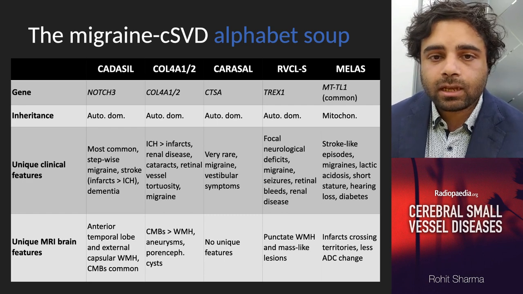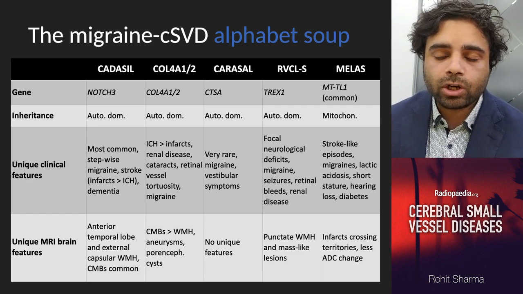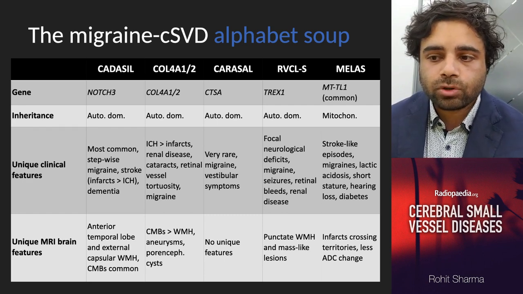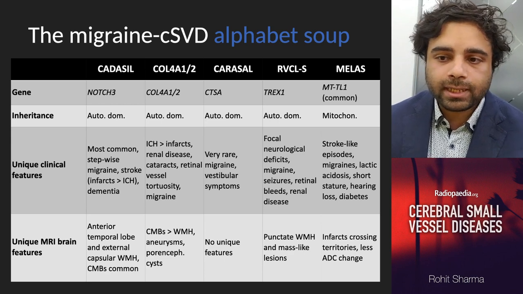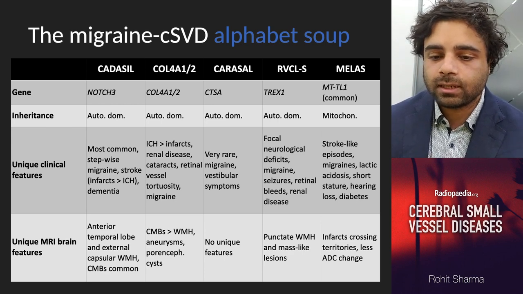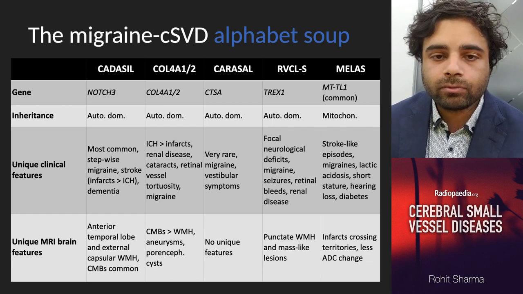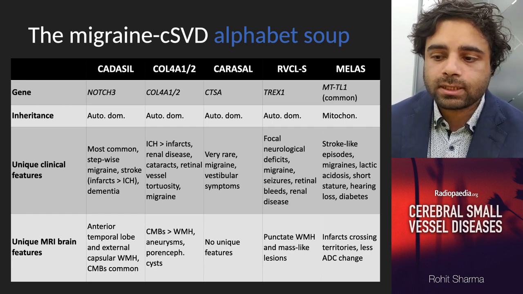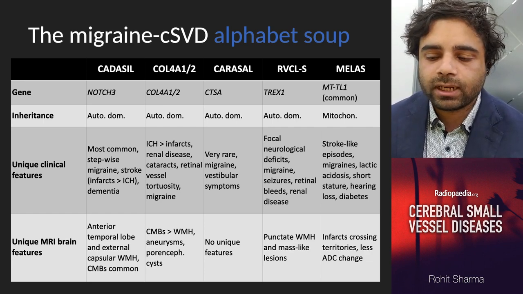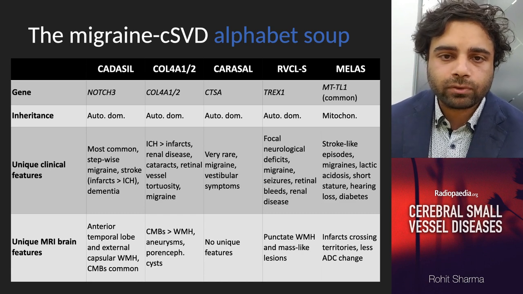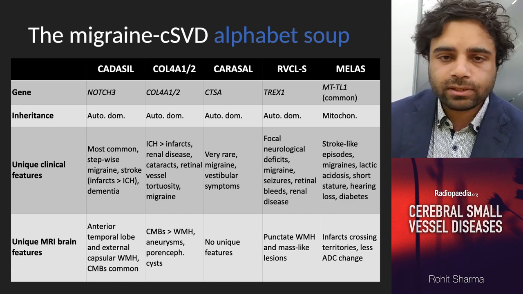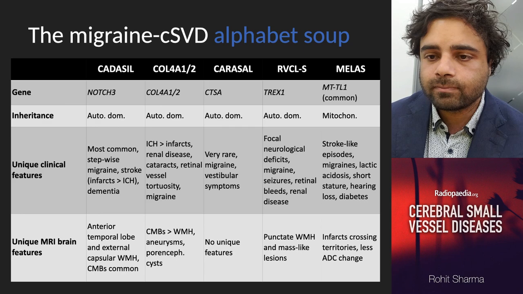And then MELAS is our prototypical mitochondrial disorder that causes these stroke-like episodes, migraines, and other neurological symptoms and other metabolic symptoms. And these typically have radiologically infarcts which cross multiple territories and often have less ADC change than you might expect for a traditional infarct, owing to the different type of edema that's often present.